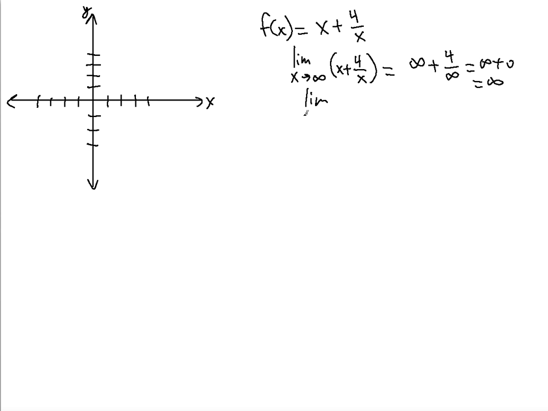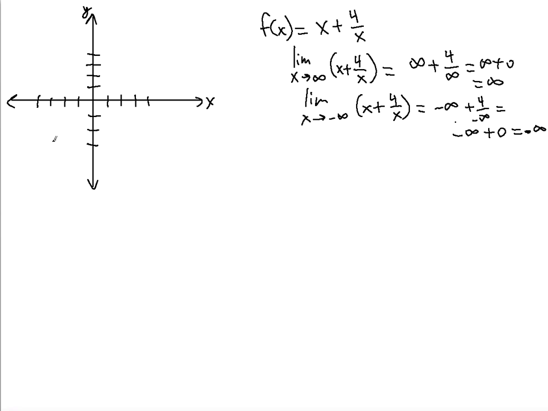And the same thing to see the end behavior as x approaches negative infinity of the same function is going to be minus infinity plus 4 divided by minus infinity, that's minus infinity plus 0 equals minus infinity, right? So the function will fall as x decreases infinitely.